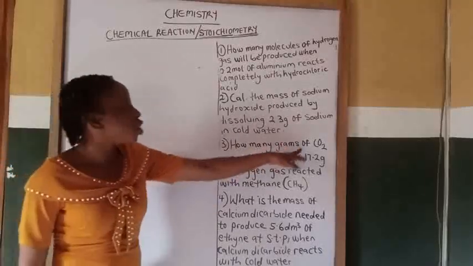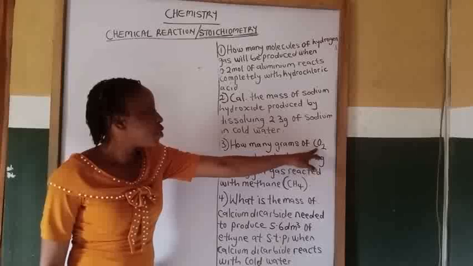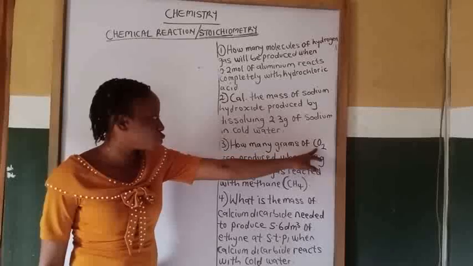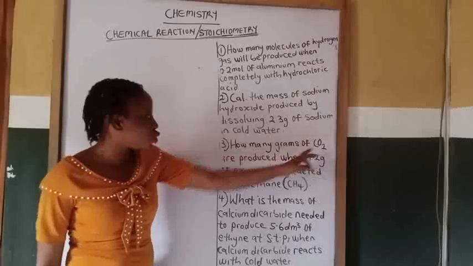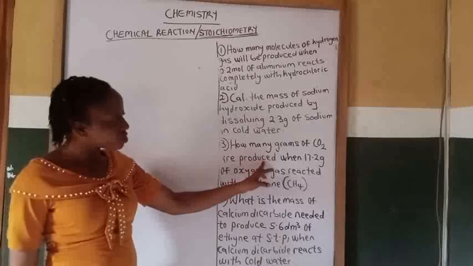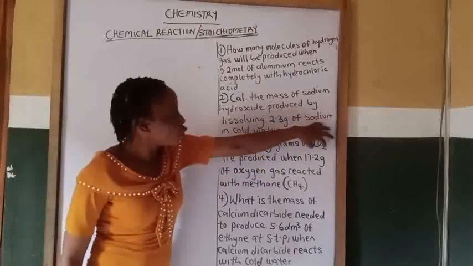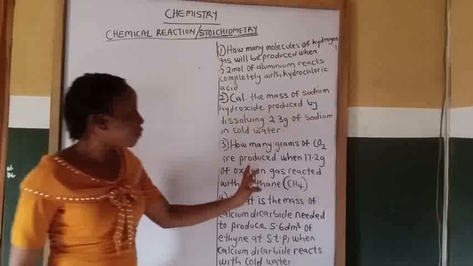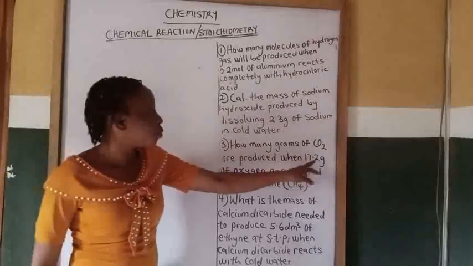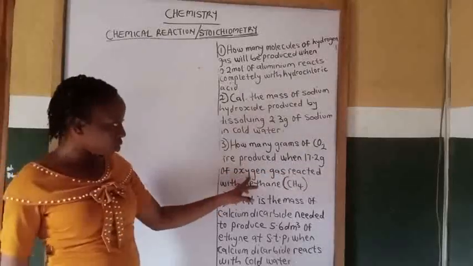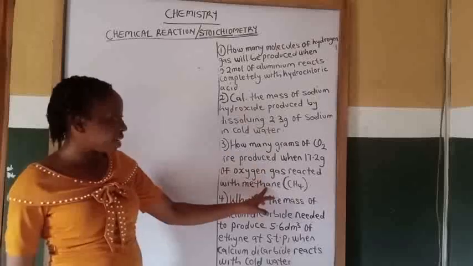How many grams of carbon 4 oxide, that's CO2, are produced from when 17.2 grams of oxygen reacts with methane.